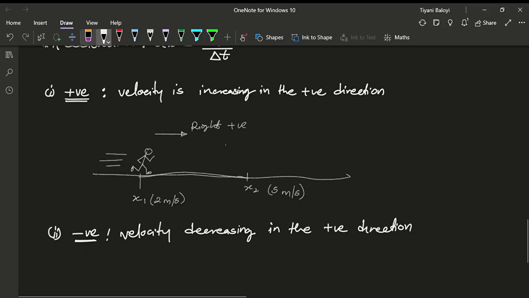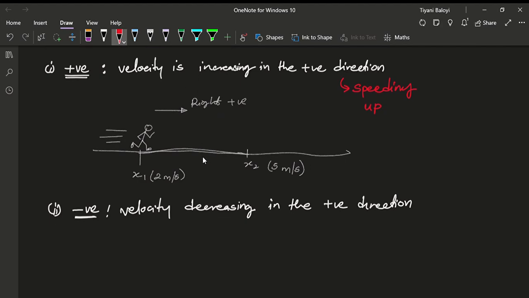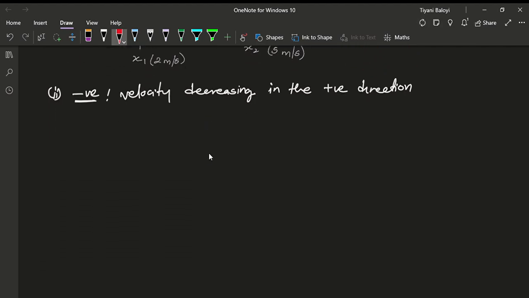So this one, number one, when something is speeding up, it has a positive acceleration. When velocity is decreasing, let's look at negative acceleration. How does it look? We can plot that and show that here.